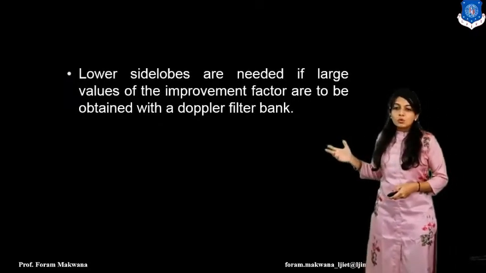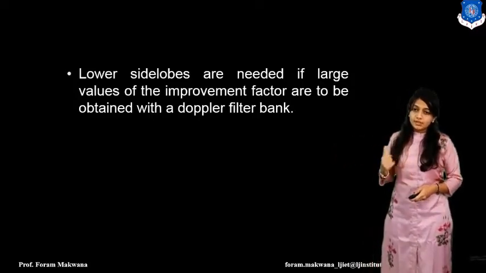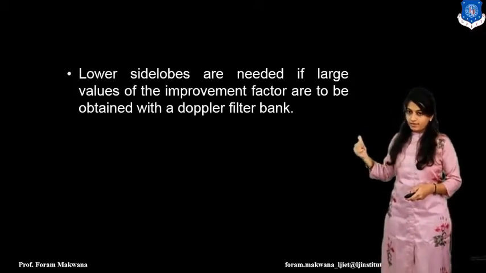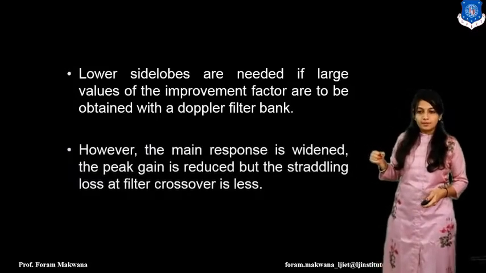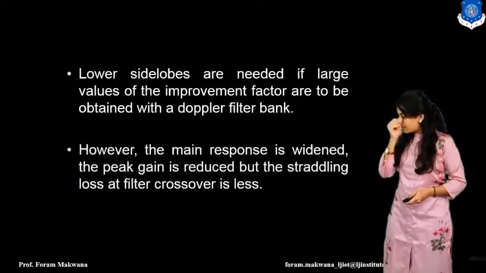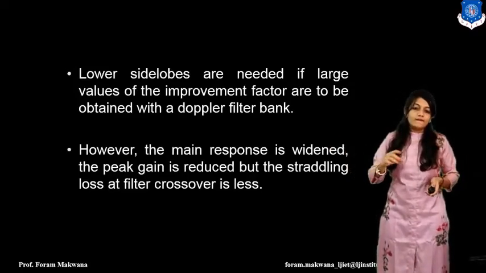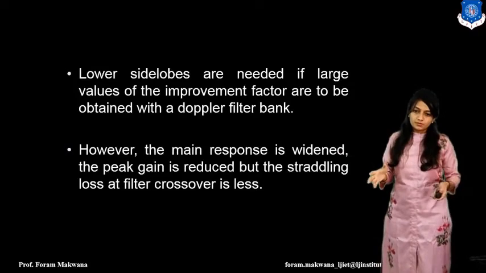So the lower side lobes are needed. Why? Because we require a large value of improvement factor to be obtained with the Doppler filter bank. So the main response is going to be widened, and we are not getting any peak gain because it is going to be reduced.